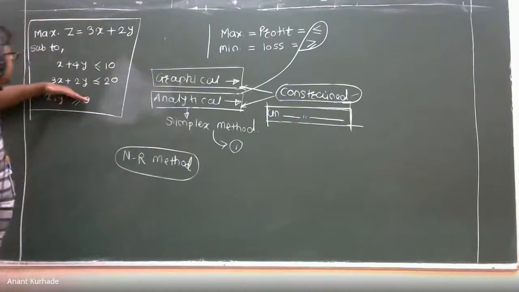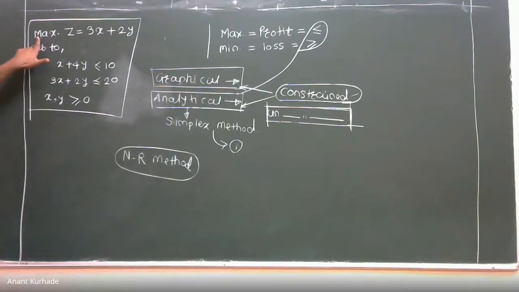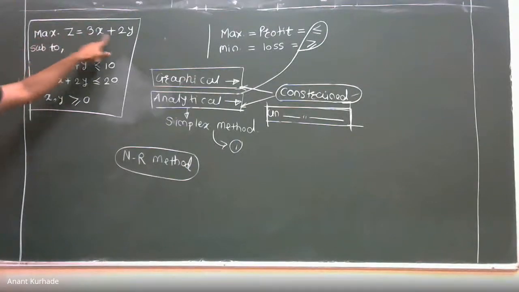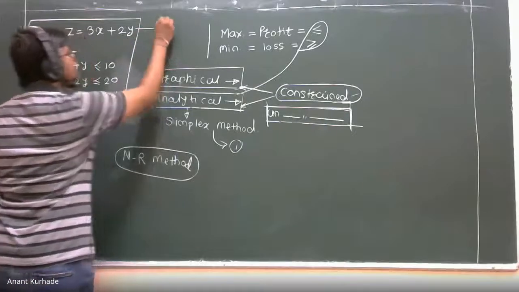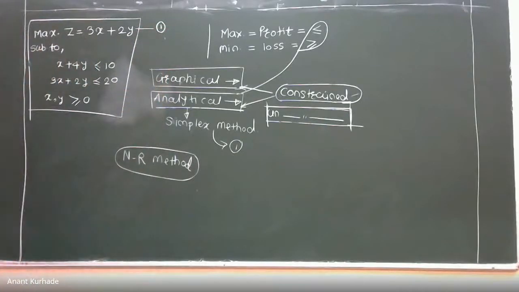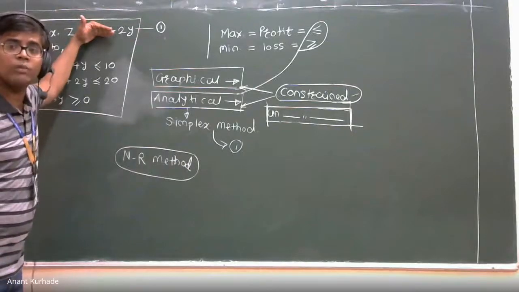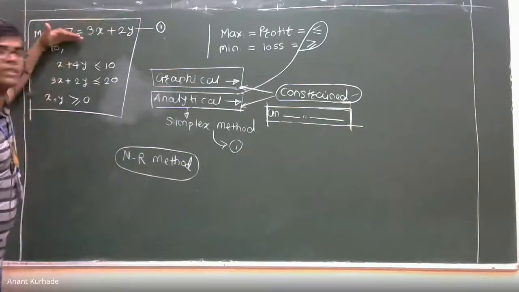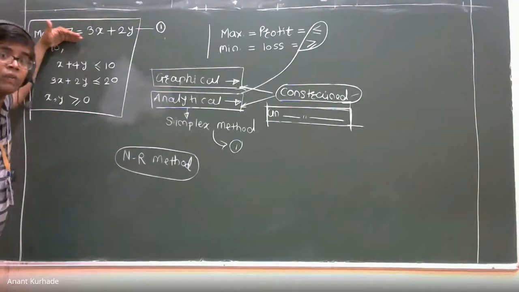Now let's study this format. First, what is given? Maximize Z = 3x + 2y. This first line is called the objective function. The objective function means the purpose, the aim. And what is our aim?